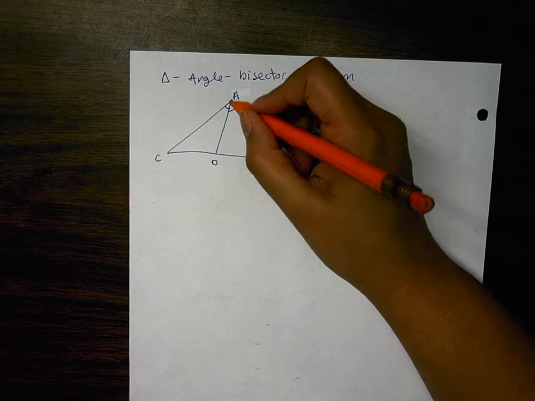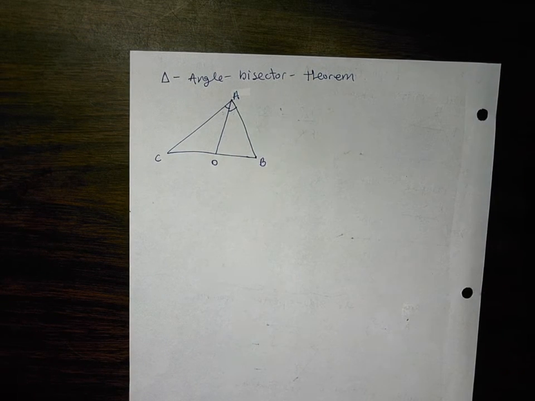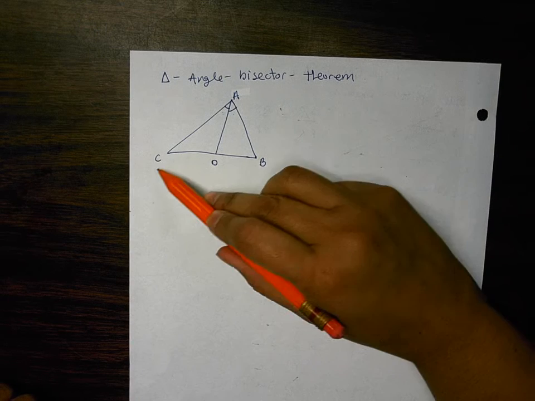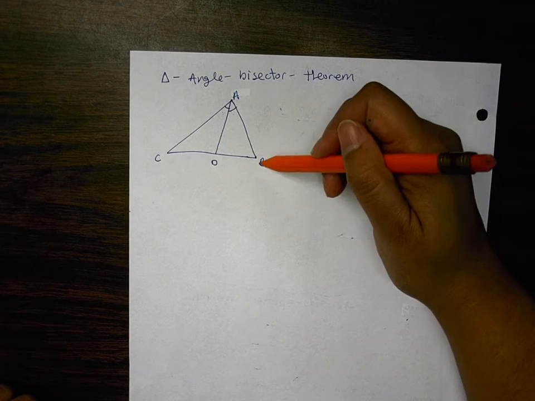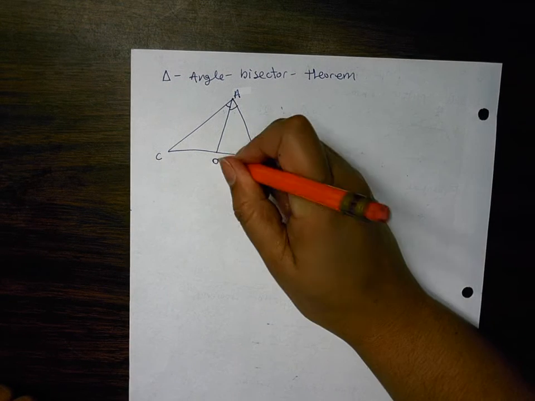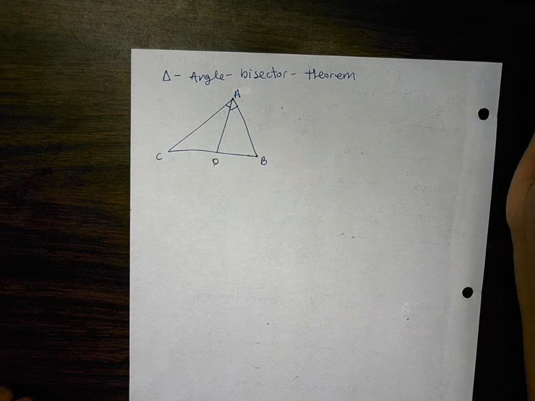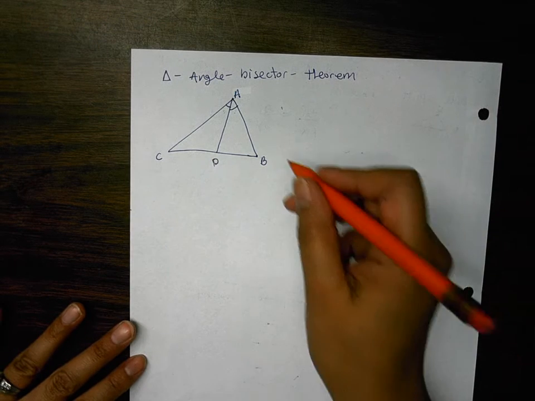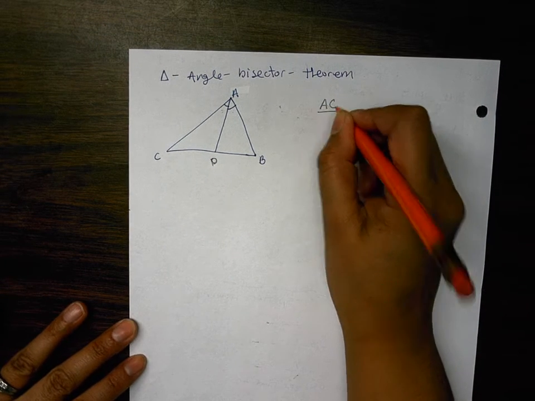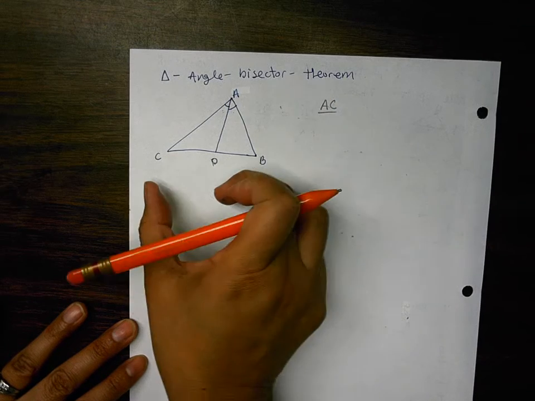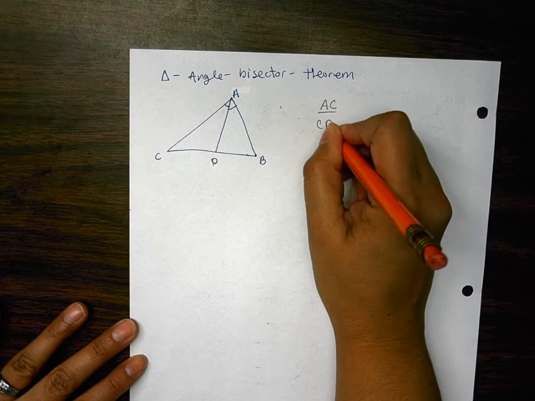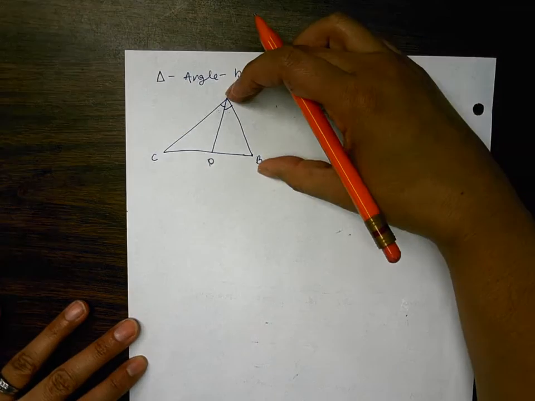Okay, so these are congruent markings. That's an angle bisector. Angle CAD is congruent to angle BAD. This is a D. Okay, side proportions work this way. Length AC over CD equals AB over what?